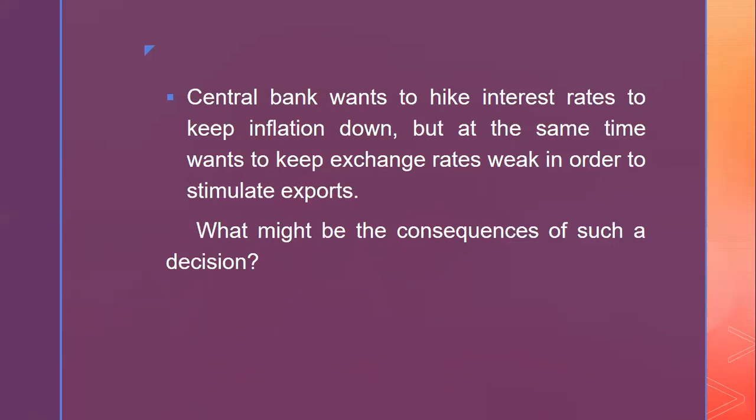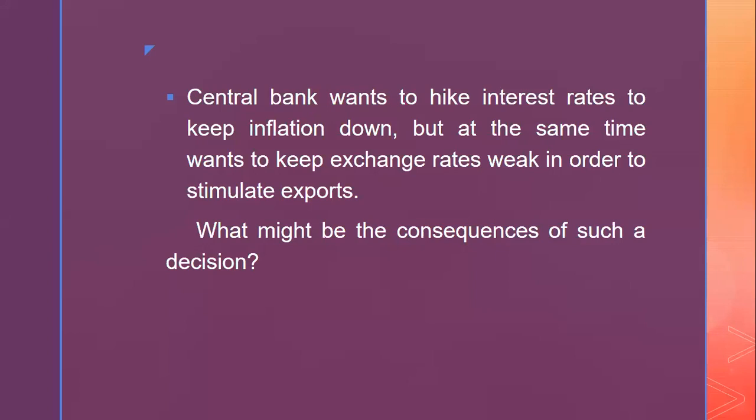Without sterilization, if the central bank keeps on intervening in the foreign exchange market, ultimately their price stability objective might be hampered. So that's what we have to know at this stage: there are interlinkages between the variables.